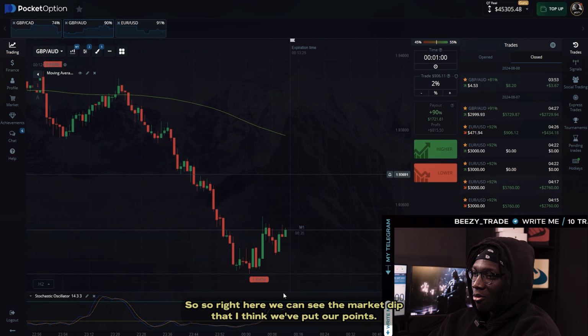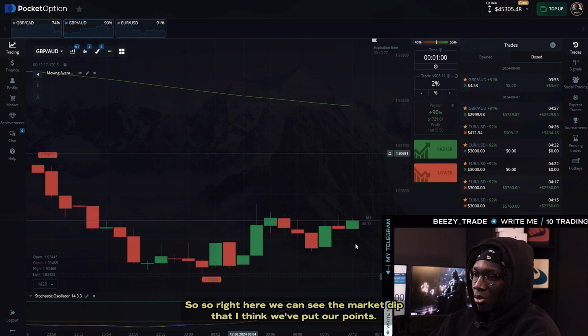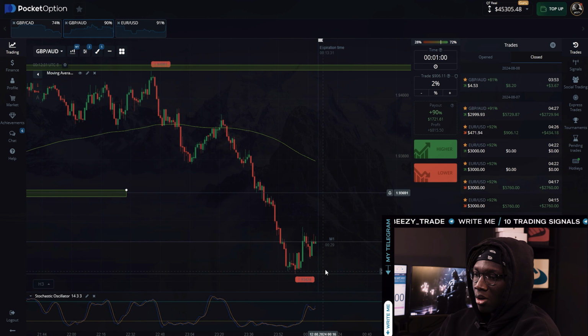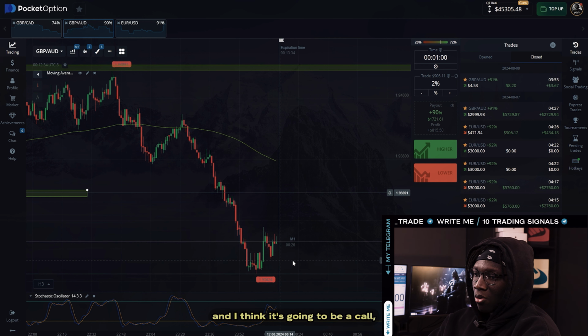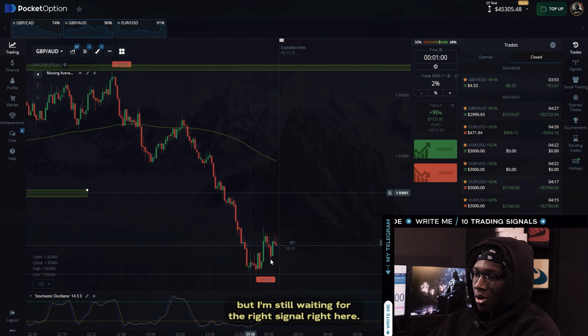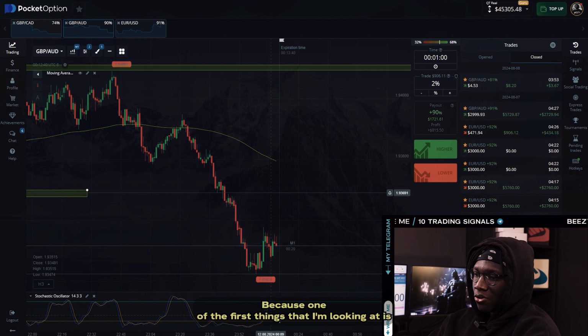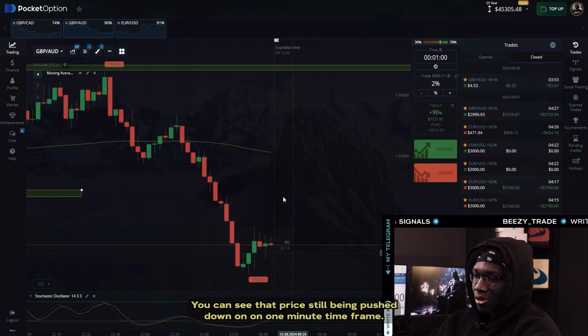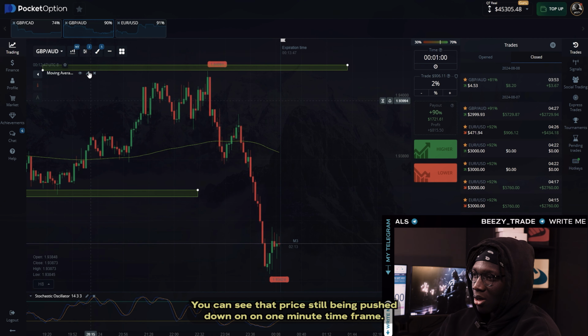So right here we can see the market diving. We've put our points, and now we're just looking for a good entry point to enter into a call. I think it's going to be a call, but I'm still waiting for the right signal, because one of the first things I'm looking at is that price is still being pushed down, even though it looks like it had a little bit of a turn. You can see that price still being pushed down on our 1-minute time frame.